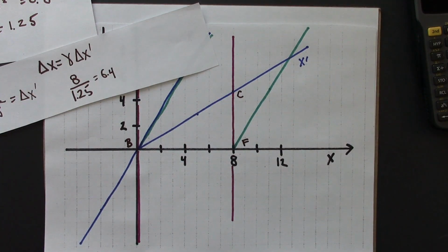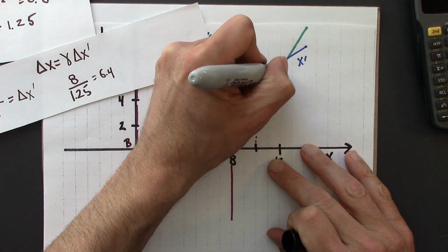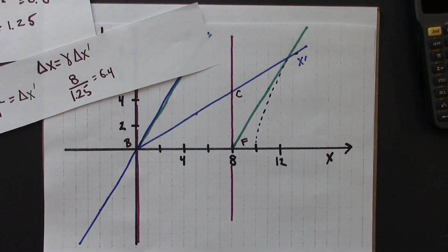And I could also see that if I drew a hyperbola. So if I had one of those calibration hyperbolas, it would look something like this. So what I'm saying is we know that this is 10. And so then I can use that fact to calibrate the rest of this. I'm going to do that somewhat carefully with a ruler.